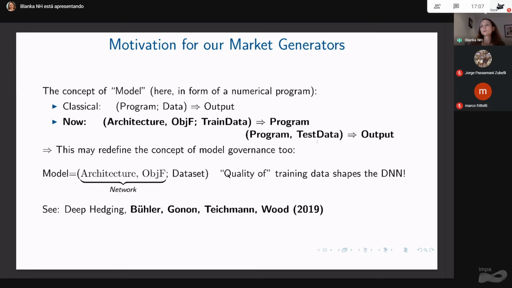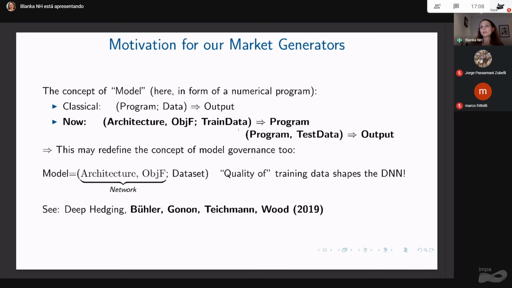Now, if we want to use this on real data that we use for real-life hedging purposes, then we better try to give this hedging engine training data that is as close as possible to the scenarios it will encounter in real life. And there comes the motivation for market generators.